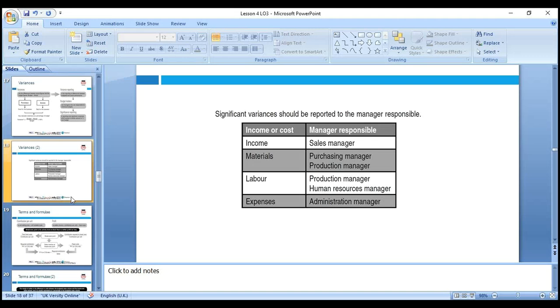Okay, so a significant variance should be reported to different levels. If we have a benchmark that the variance won't be more than 5%, and our variance is coming at 10%, of course 10% is there, so we need to report it to the managers, and the managers can take corrective action.